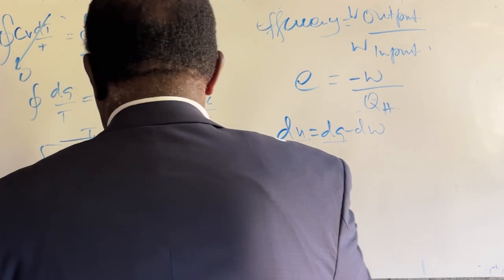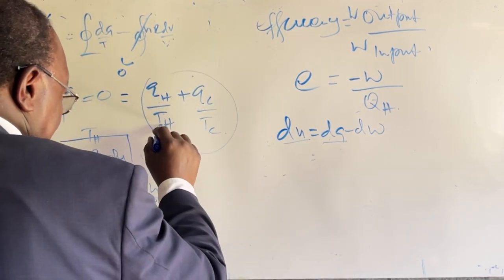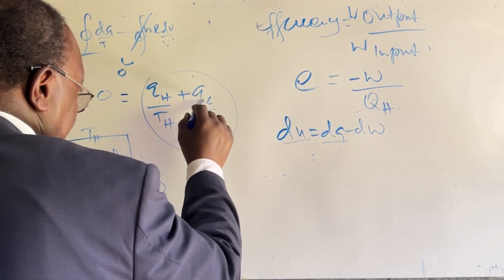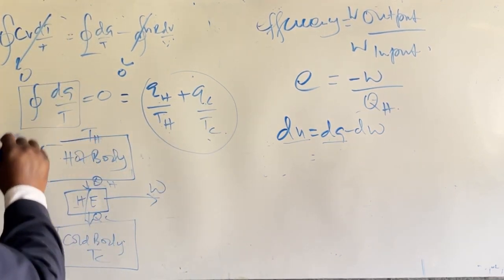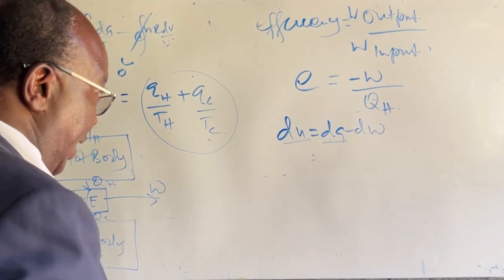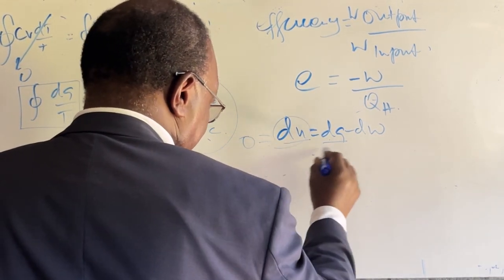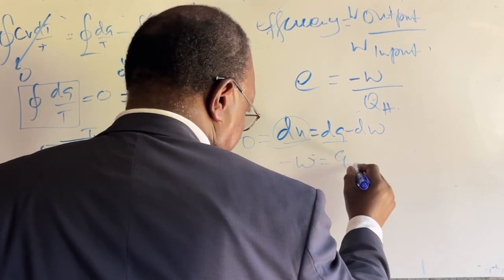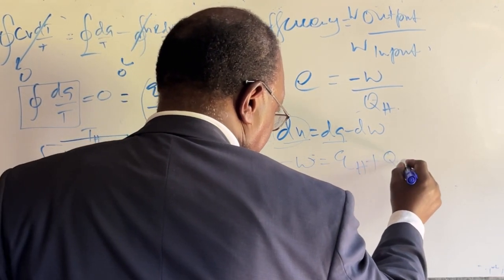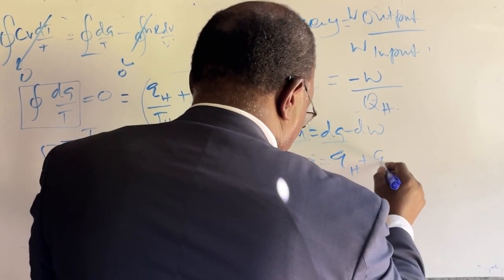Now from our system, what we are getting is QH over TH plus QC over TC, and that is the expression which we are having in our system here. Because remember, that is 0. So that minus W is equal to QH plus QC.